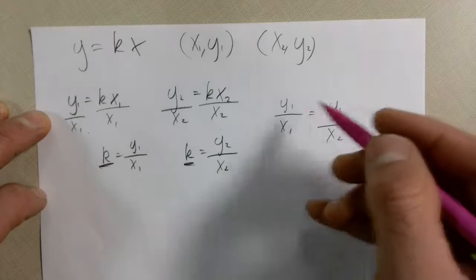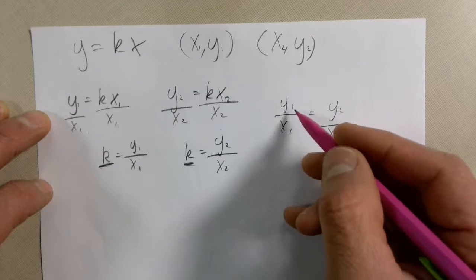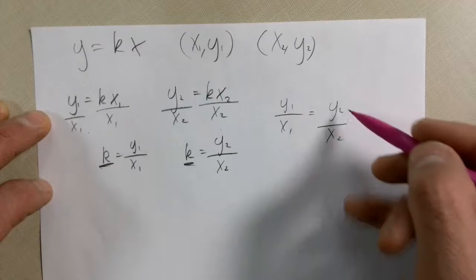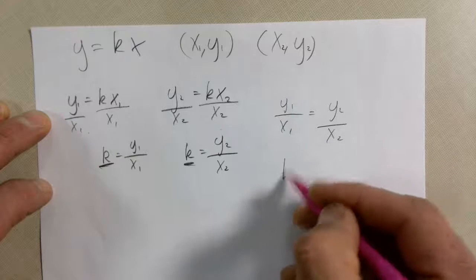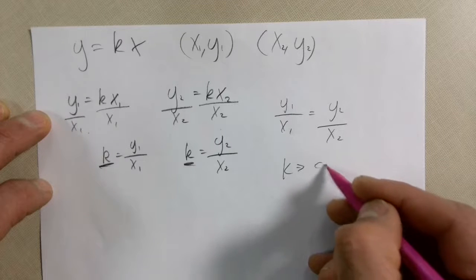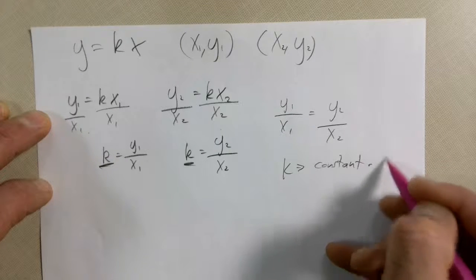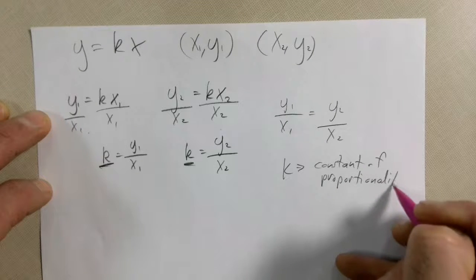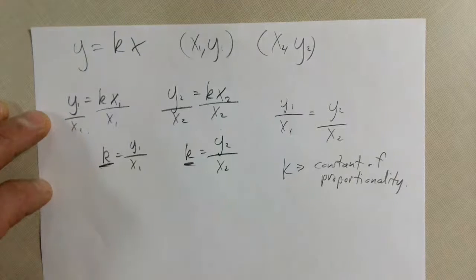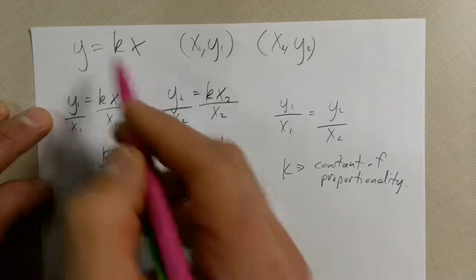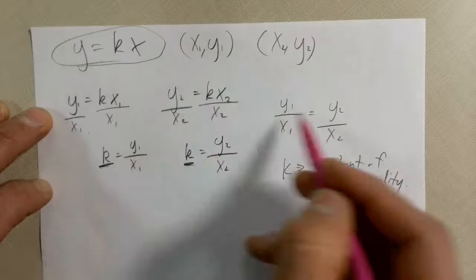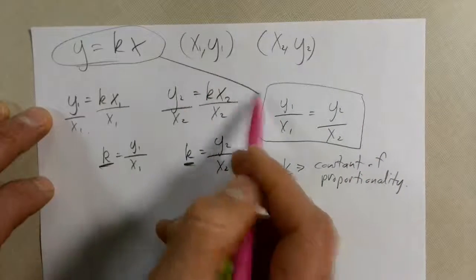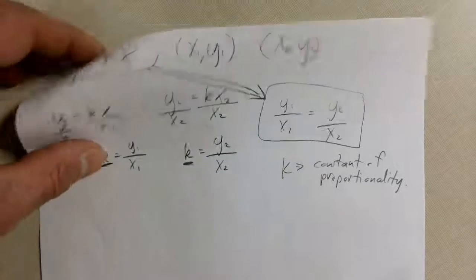Y is directly proportional to X. And then K is also called the constant of proportionality. Okay? There's two ways to look at these things. You can always do it the first way, but sometimes recognizing that you can set up a proportion might be helpful. I'll show you an example.